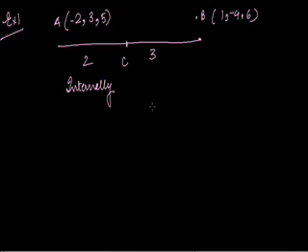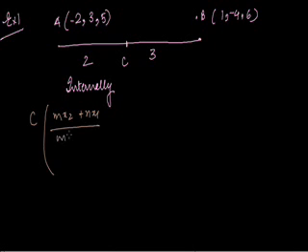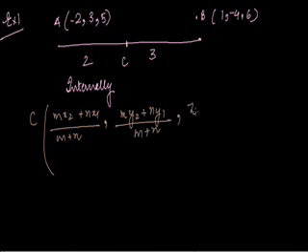So the answer will be, we will calculate it. The C value is (m x2 plus n x1) upon (m plus n), which we have calculated previously, (m y2 plus n y1) upon (m plus n), and the z coordinate would be (m z2 plus n z1) upon (m plus n).